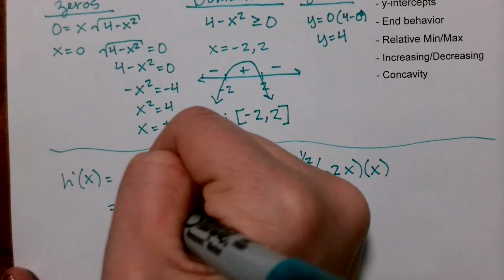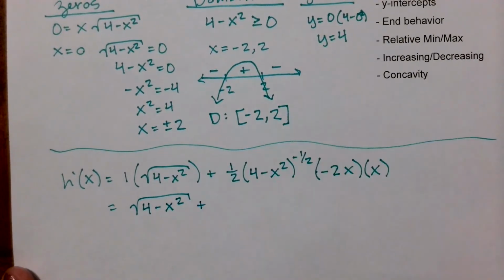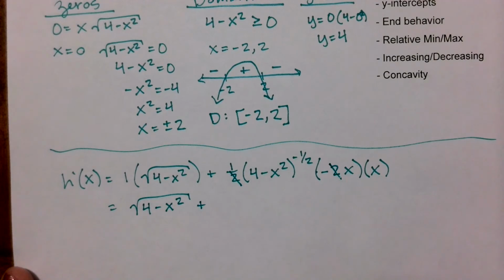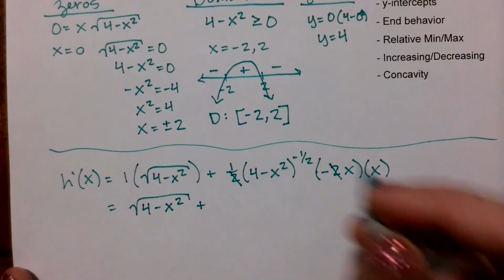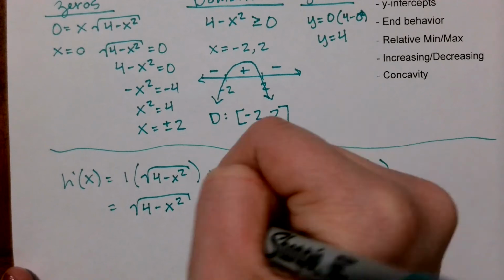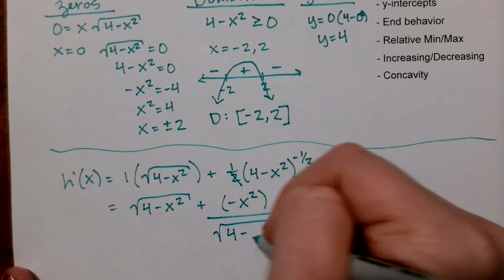So we'll want this to be one fraction before we can compare things. I can cancel my 2's, but that's it. So we've got a -x squared still in the numerator. In the denominator, we have that square root of 4 minus x squared.